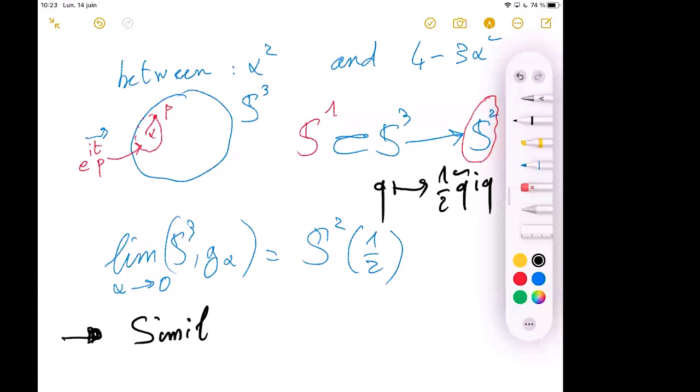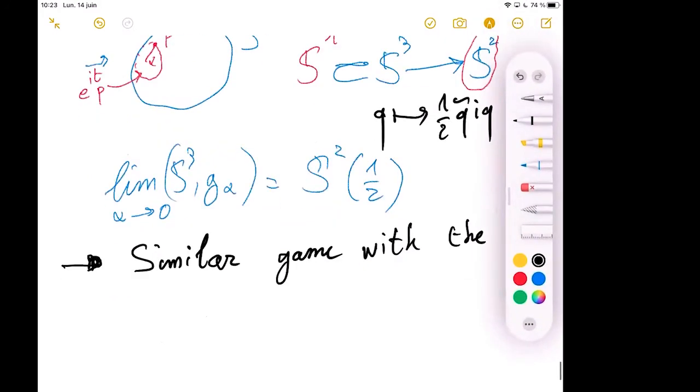here it's quite easy to compute the curvature because we have a 3D Lie group. So you can play a similar game with the Heisenberg group, and that will be, I think, an important example.